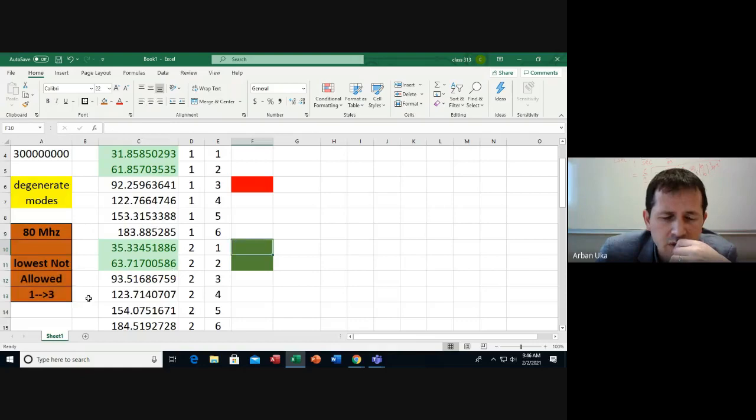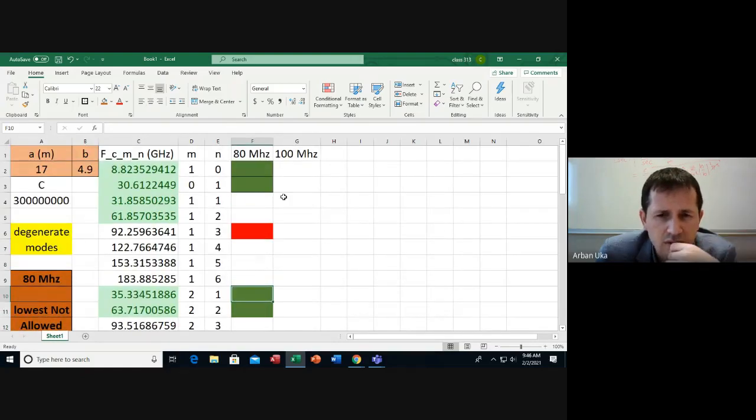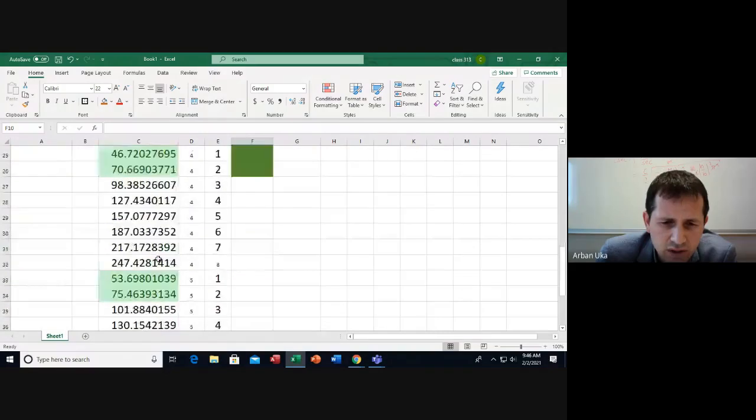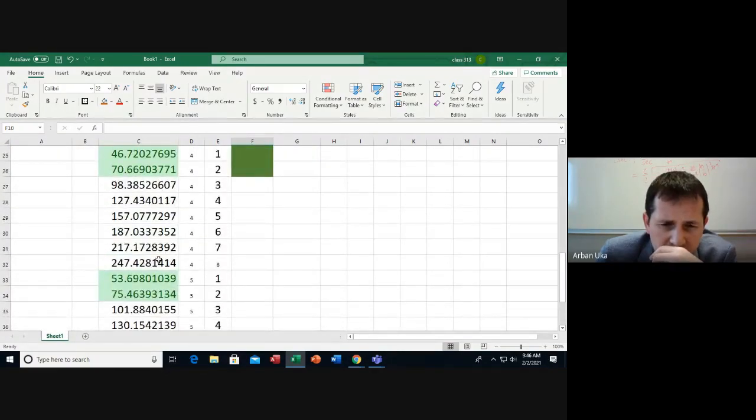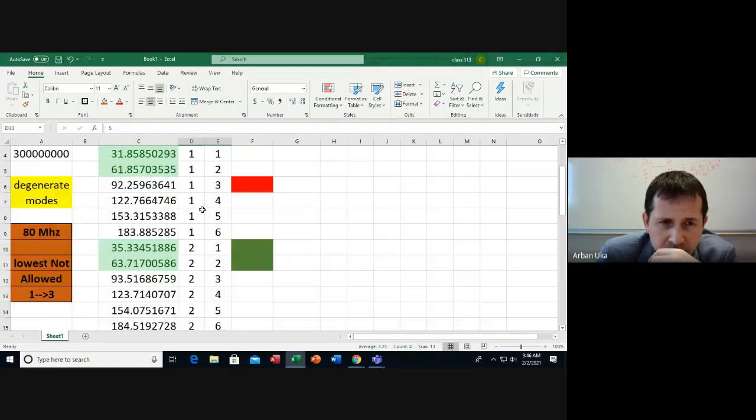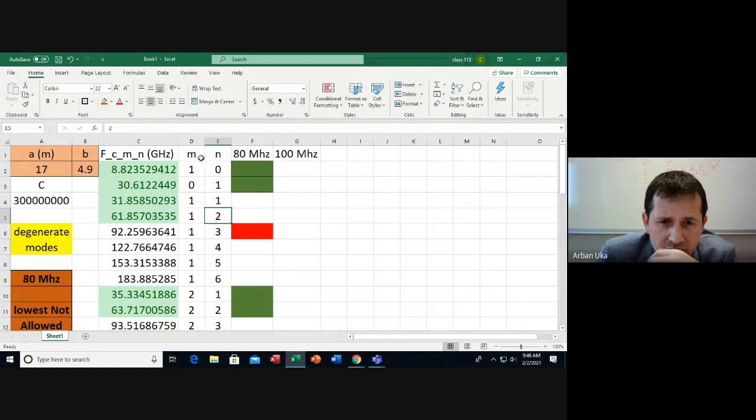Then we can also ask a similar question for other frequencies. So we figured out these were the allowed ones. Actually, let's think if we can come up with similar modes. If we have a look here, this is line 22.